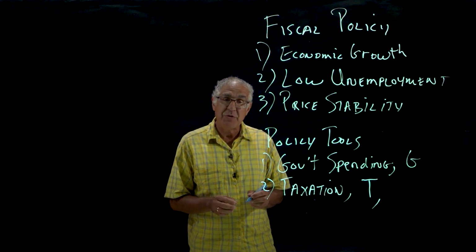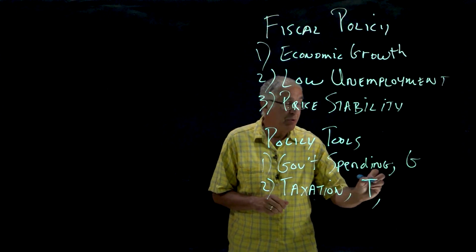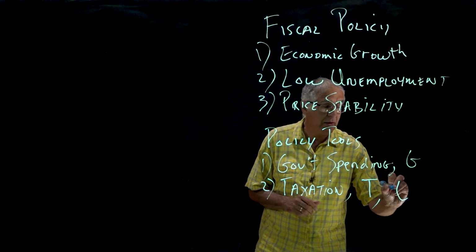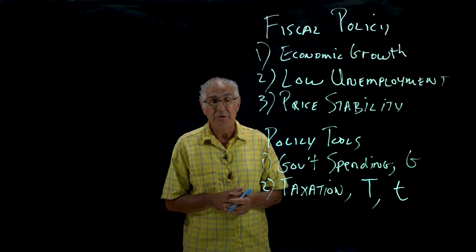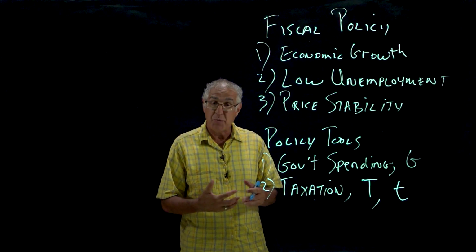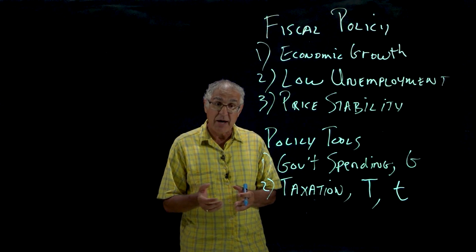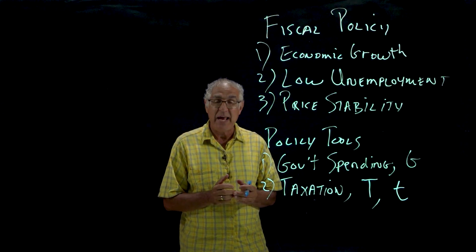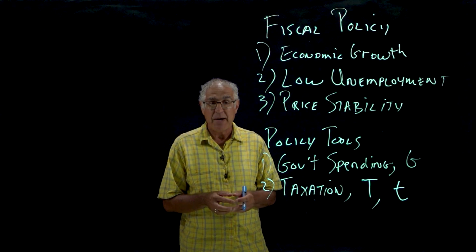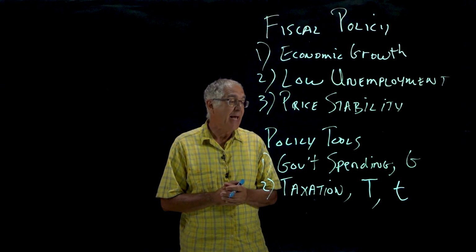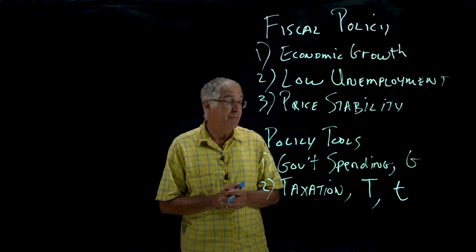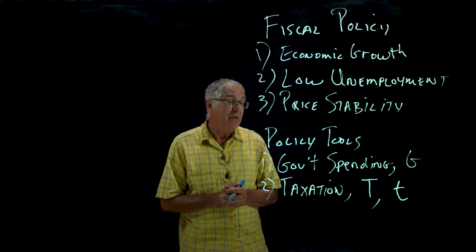And we're going to introduce a marginal tax rate, and we're going to refer to that marginal tax rate using a lowercase t. So this is going to be a value between 0 and 1 that when multiplied by income in the economy gives us the amount of taxes that are paid by consumers and are used to finance government spending.